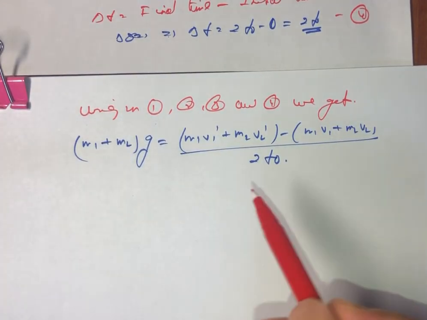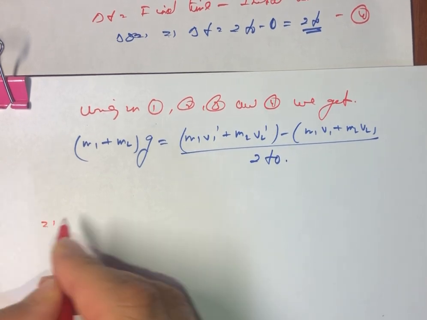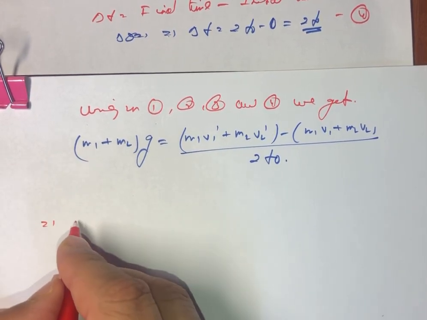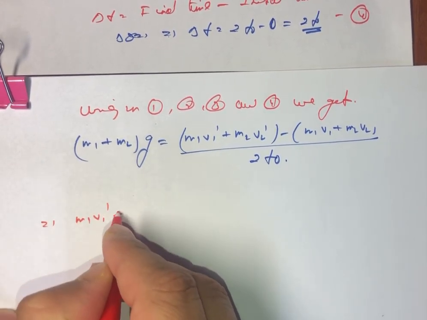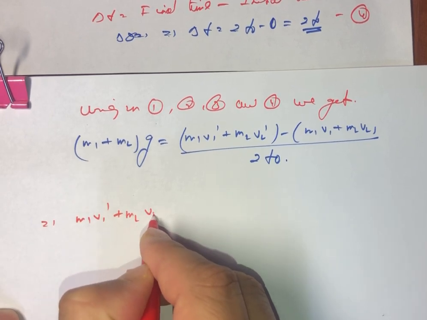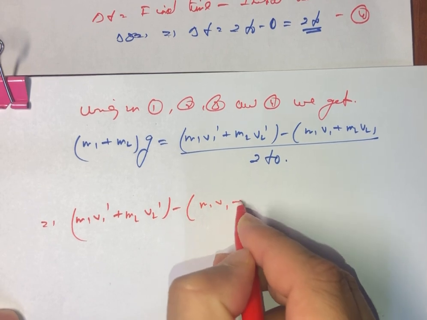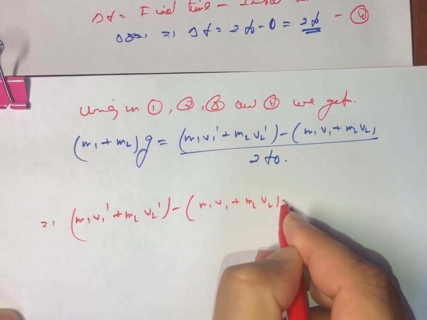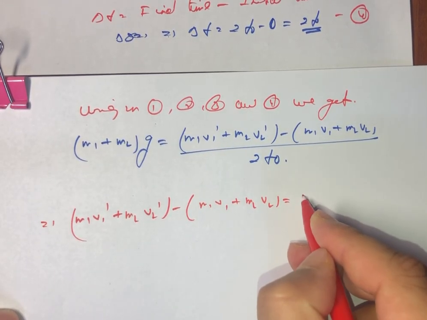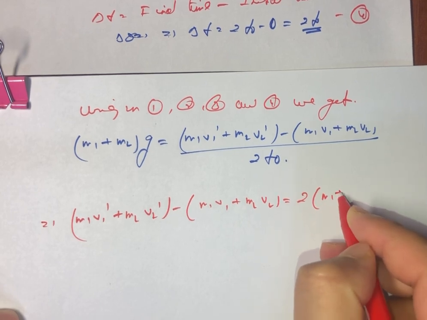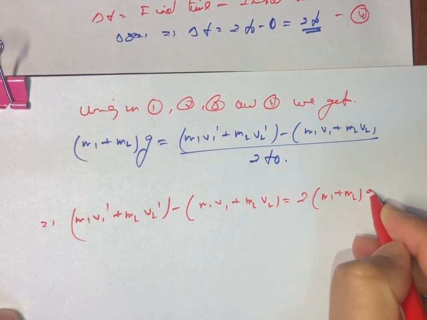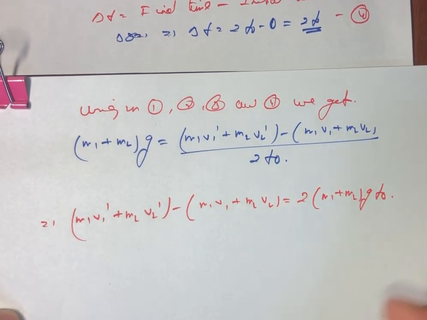Therefore, from here we can say that m1 v1 prime plus m2 v2 prime minus m1 v1 plus m2 v2 is equal to twice m1 plus m2 multiplied by g times t naught.